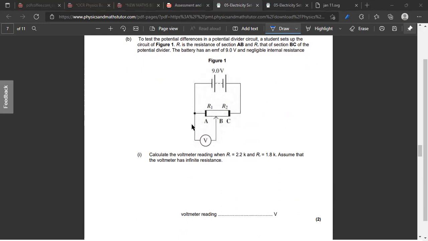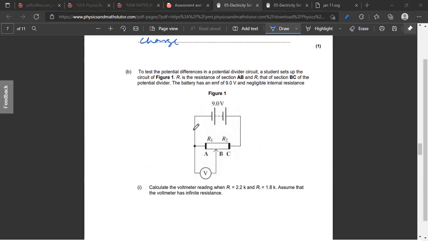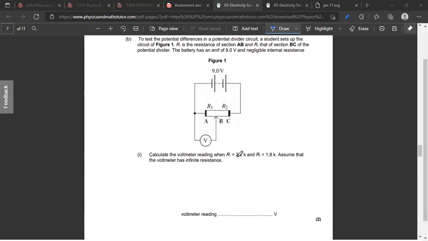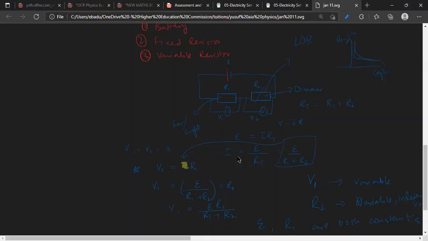And then 2.2 is in the potentiometer area, so I did 2.2 over 4 times 9, because 9 is the voltage, and I got 4.95 volts. I think it's right, but I want to check it. Yes, that's the correct working. It's this formula again.